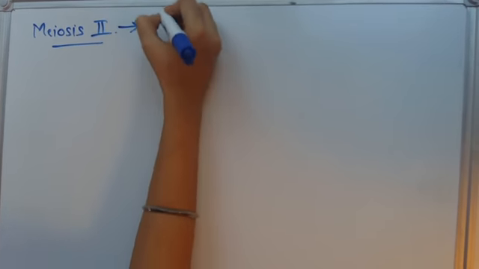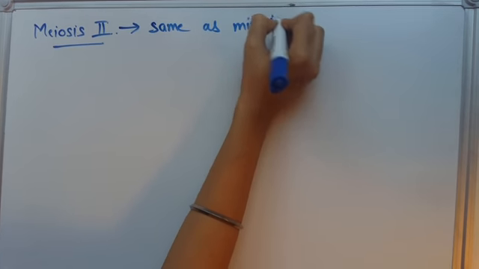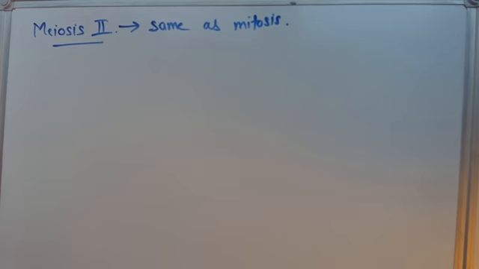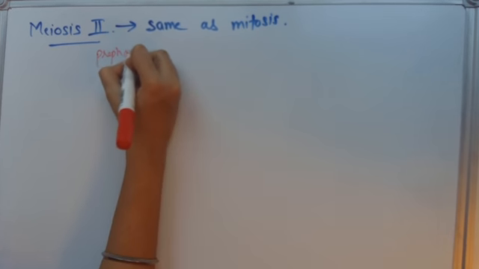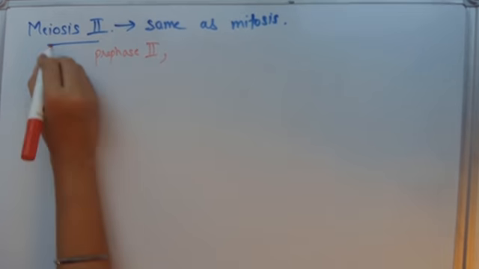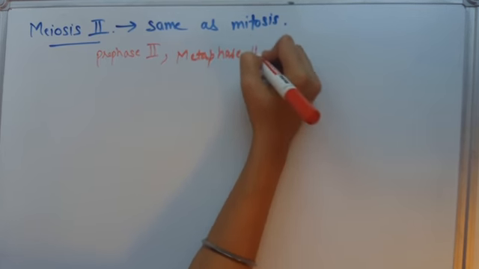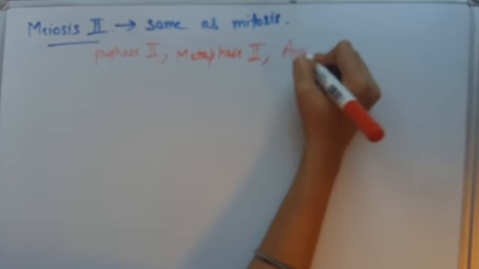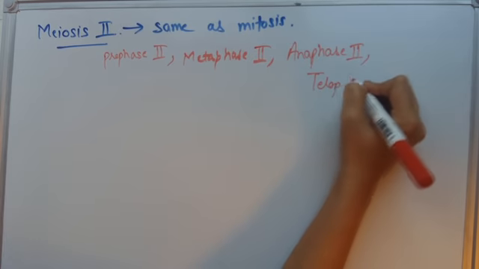Now we discuss meiosis 2. As I said earlier, it is same as mitosis, and it has the same stages or phases: prophase, which will be called prophase 2 because of meiosis 2, metaphase 2, anaphase 2, and then telophase 2.